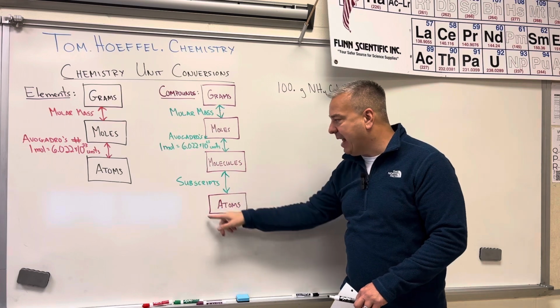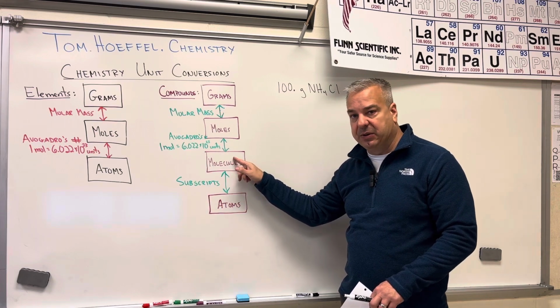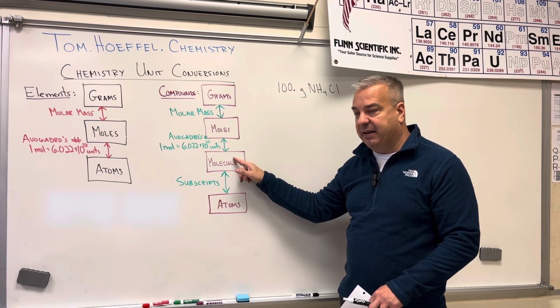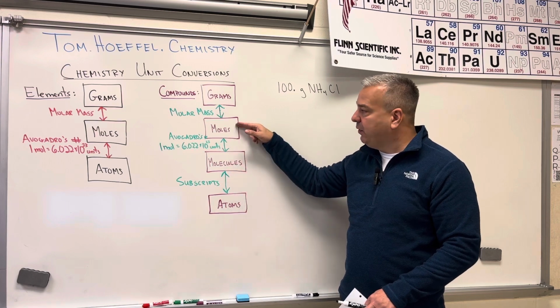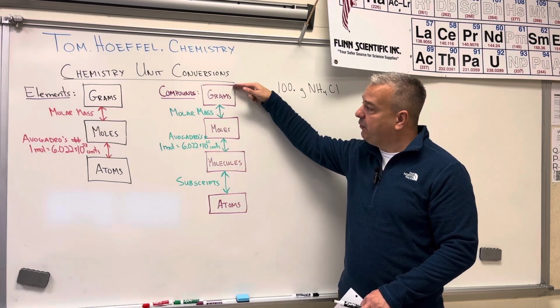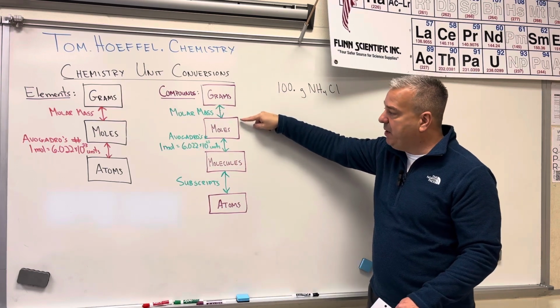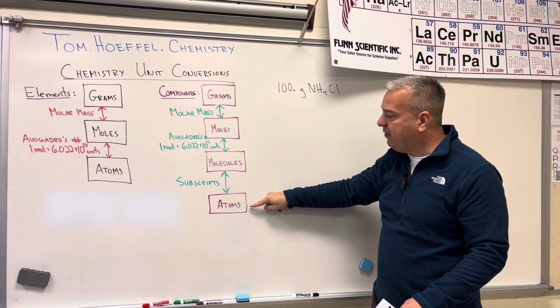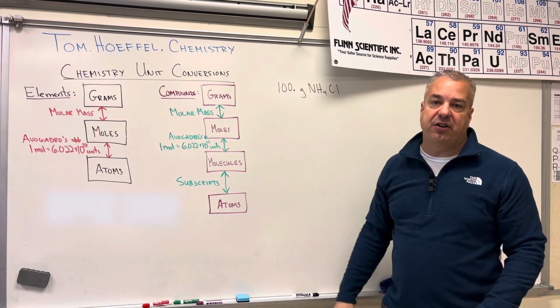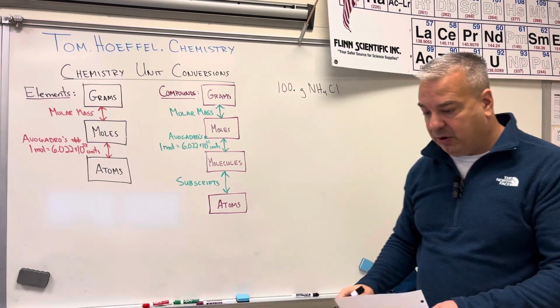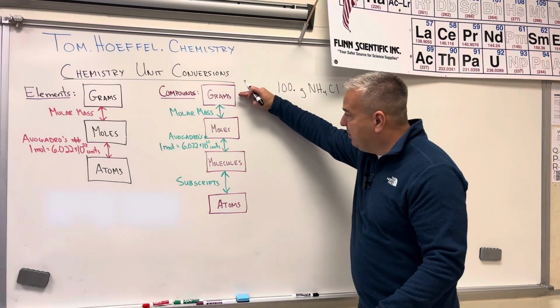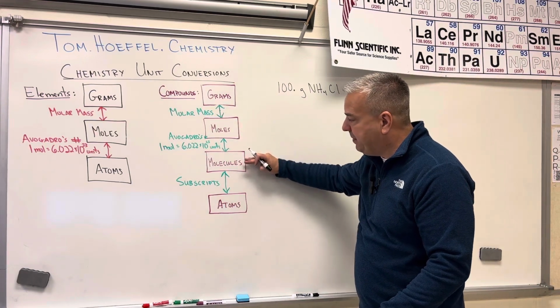All those atoms make up just 1 molecule of ammonium chloride. Of course, those molecules can be converted to moles, and those moles can be converted into grams. In this case, we're starting with grams, and we want to figure out the total amount of atoms that are in 100 grams of ammonium chloride. So let's go ahead and do this step by step.